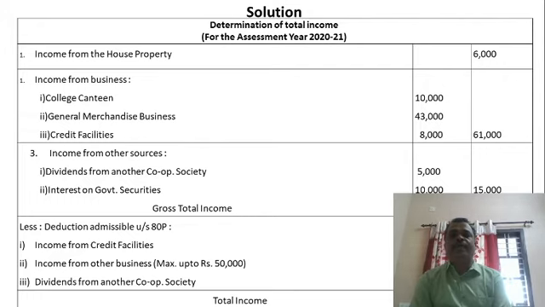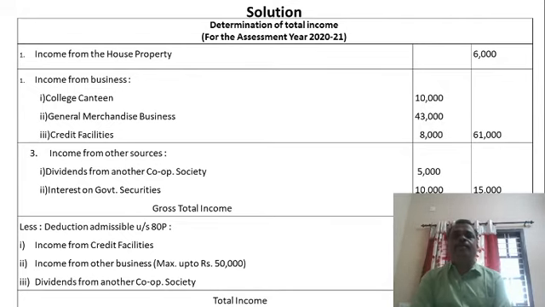So the total amount collected by giving loans to the members is 8,000. So the total income relating to income from business is 61,000, after adding 10,000, 43,000 and 8,000.